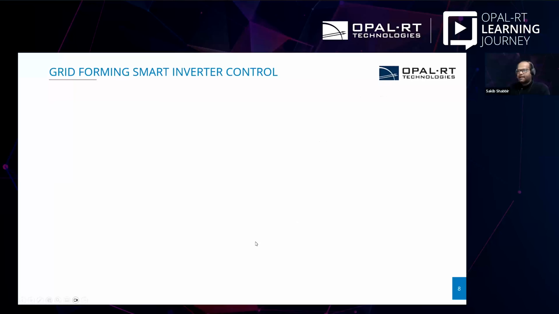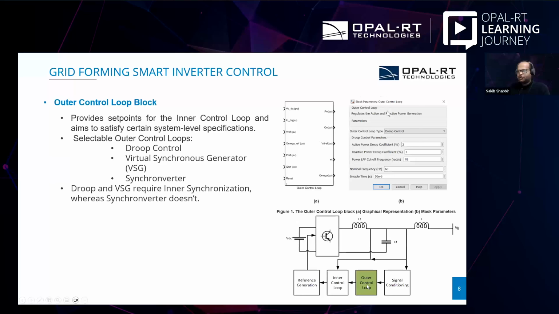Then in the second level, we have the outer control loop. The main objective of this outer control loop is to provide set points for the inner control loop, and it also aims at satisfying certain system level specifications.